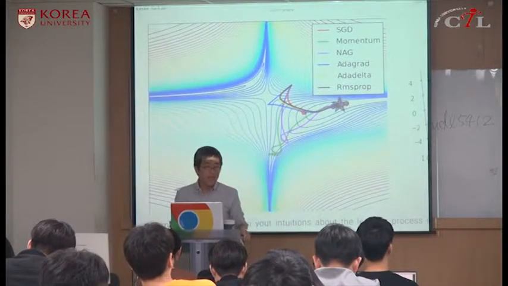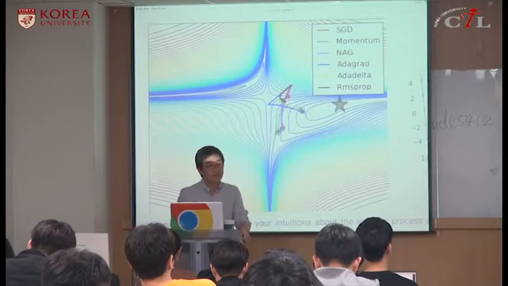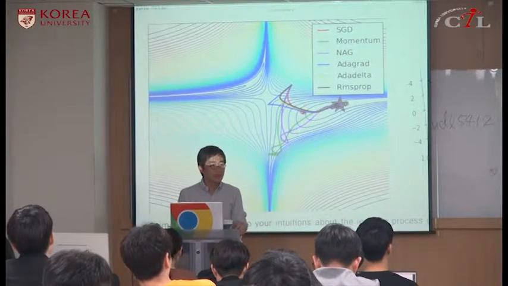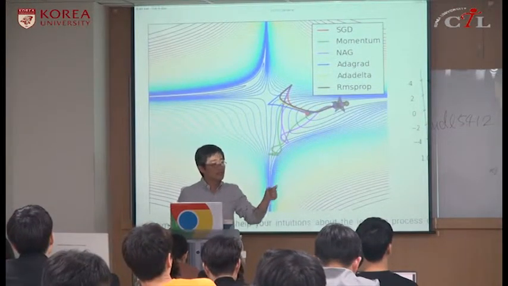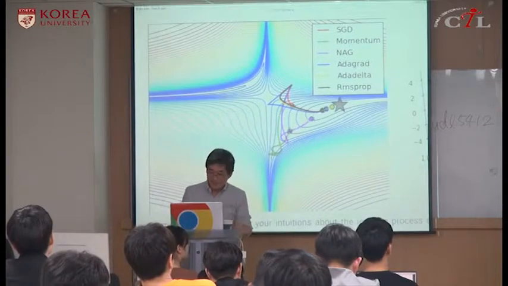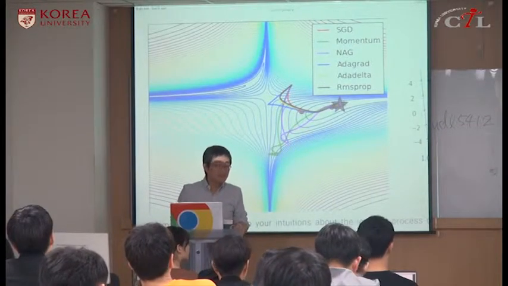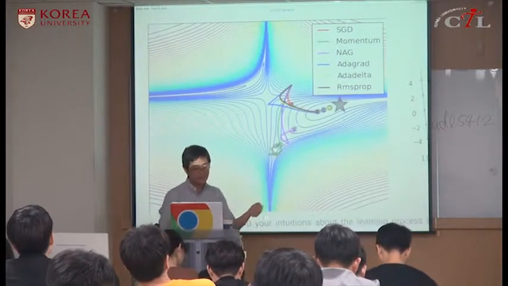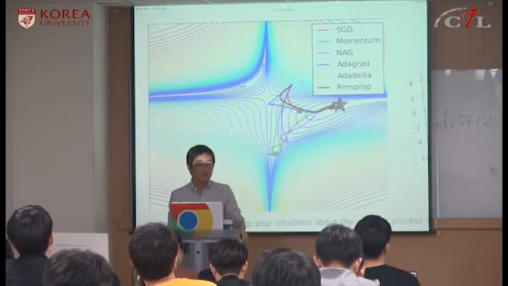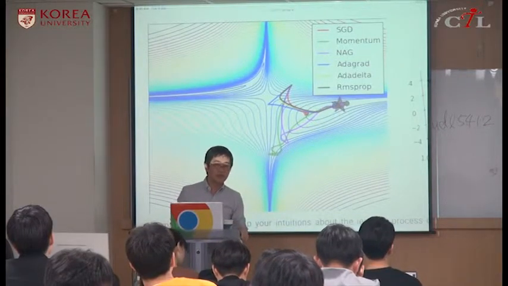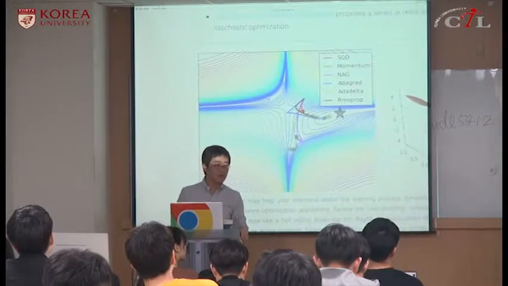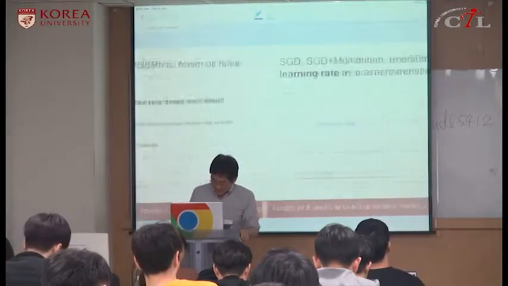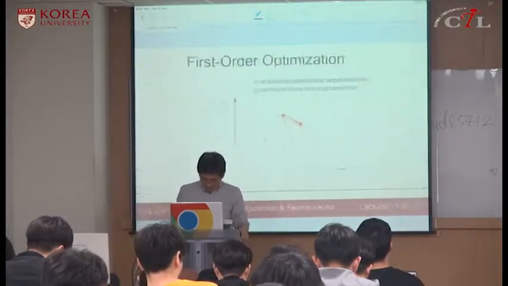But if you use Adam here, then it works as well as those algorithms, or sometimes even better in terms of convergence speed. Also it gives a better quality of local minimum, which means that at the converging points, we may have a smaller loss value using Adam compared to other methods.